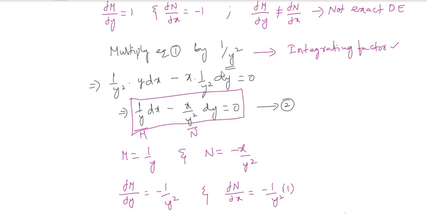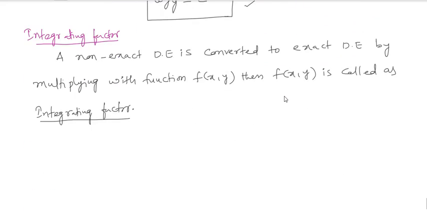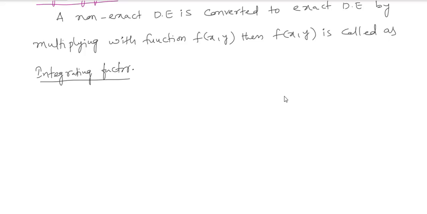Likewise, you will have different types of integrating factors. Examples of integrating factors are 1 by y square, 1 by x square, 1 by xy, 1 by x square plus y square, and so on.